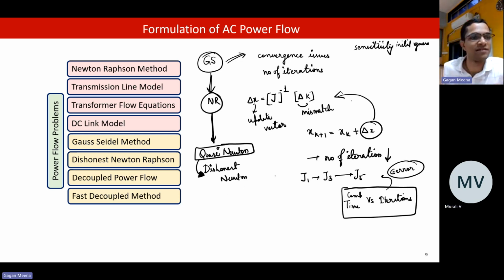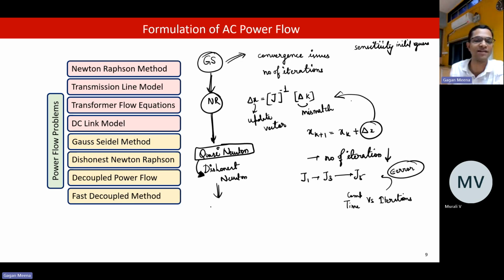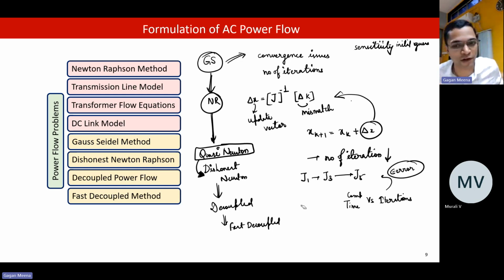These are quasi-Newton. They make slight modifications in Newton. Then after that, we come to what you had said, decoupled. Then after decoupled, we can further make it fast decoupled. Although it is fast, it will give us an approximate result. The most accurate we will get in NR, then in decoupled, and then in fast decoupled.